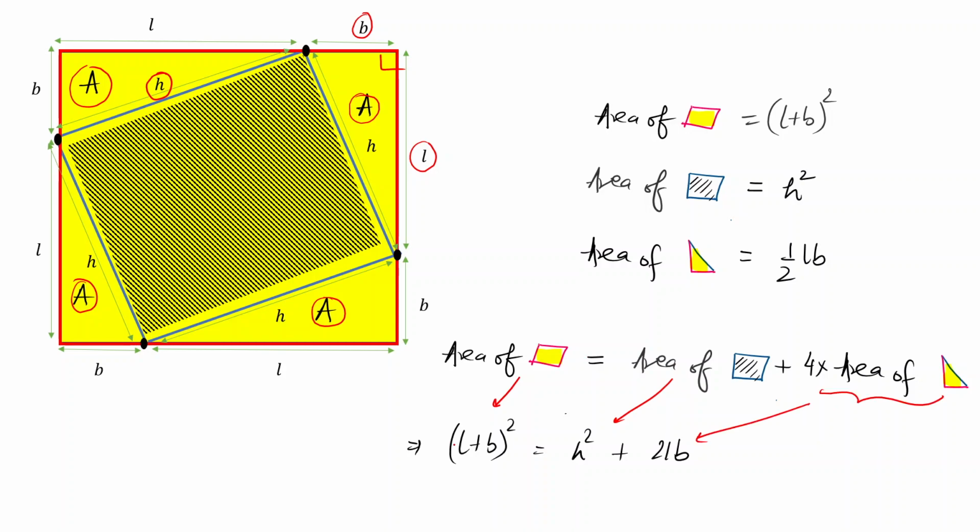Then you open up (L plus B) squared, L squared plus B squared plus 2LB, and 2LB will cancel out, and then you will get your Pythagoras theorem. So pretty interesting that Pythagoras theorem is logically only stating that the whole is the sum of its parts.